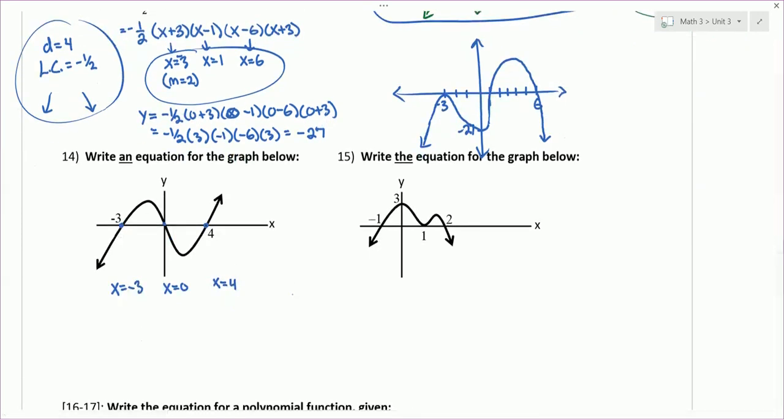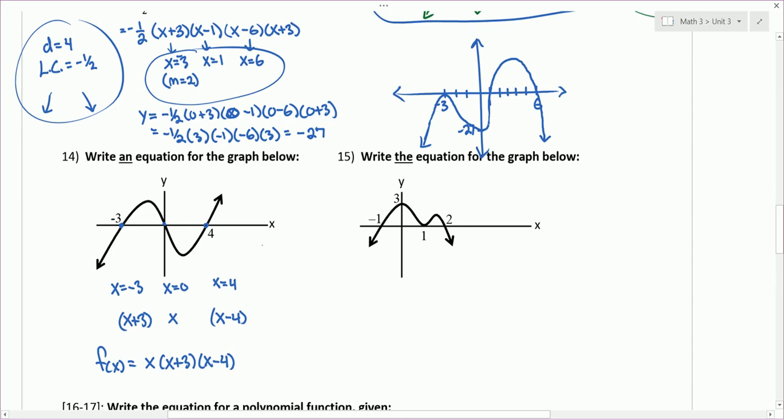So we turn our x-intercepts into factors. X plus 3, x, and x minus 4. So our function, put our factors side by side. Usually you start with the x in front, times x plus 3, times x minus 4. And then check the end behavior. Right side's pointed up, left side's pointed down.